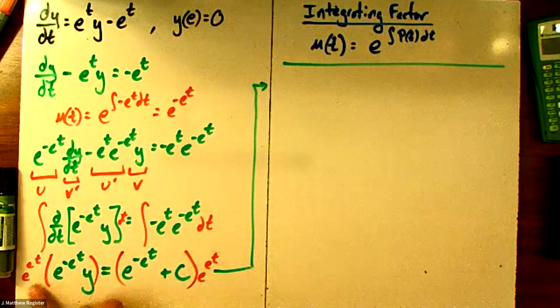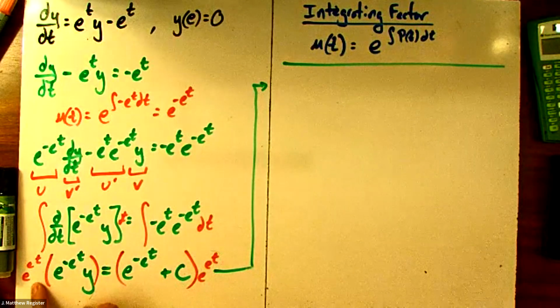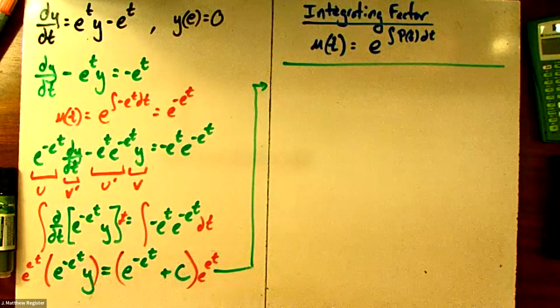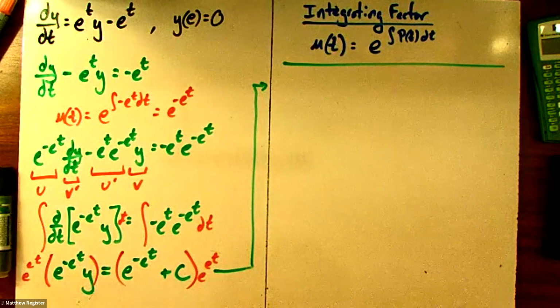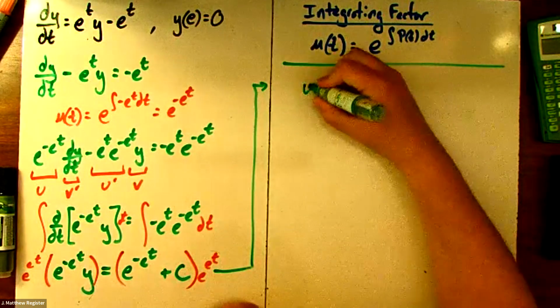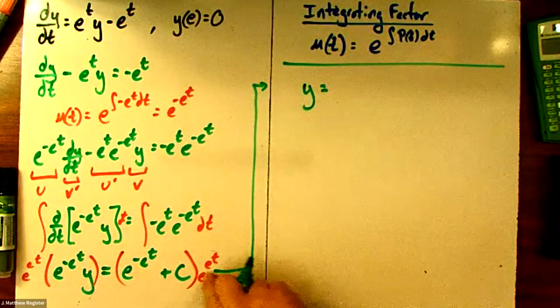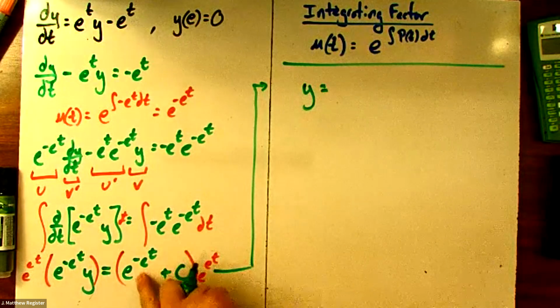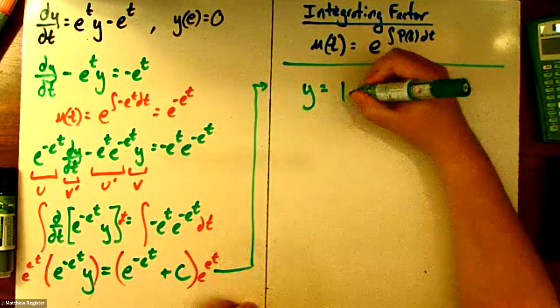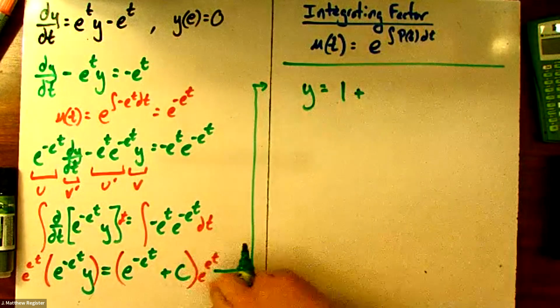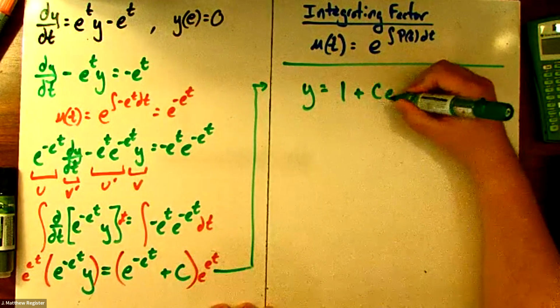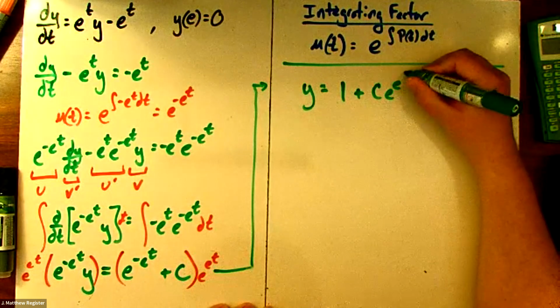Because when we multiply by e to the e to the t, e to the e to the t times e to the negative e to the t cancels out, and that leaves us with just y. For this one, e to the e to the t times e to the negative e to the t is just 1. And then we have c e to the e to the t.